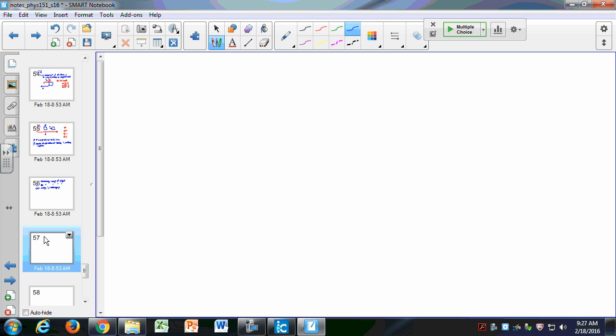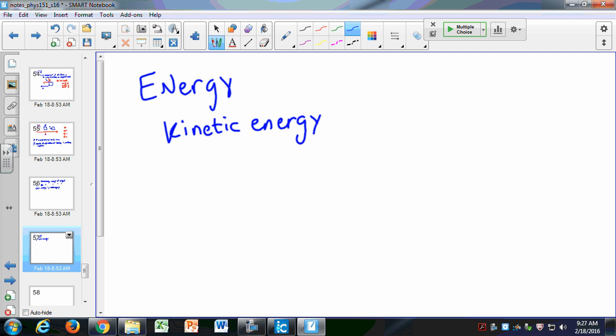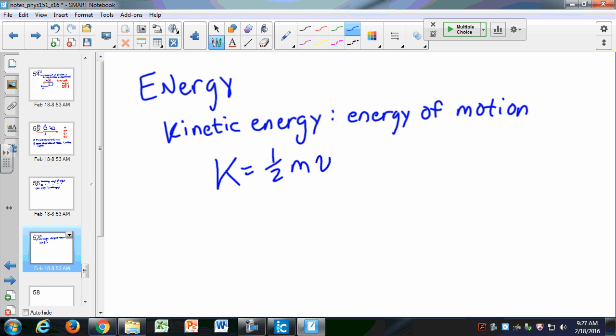Okay, so let's look at energy. We have lots of different kinds of energy. A big one is called kinetic energy. It's just the energy of motion. The kinetic energy, I'm going to call it K, is equal to 1/2 the mass of the object times the speed squared.